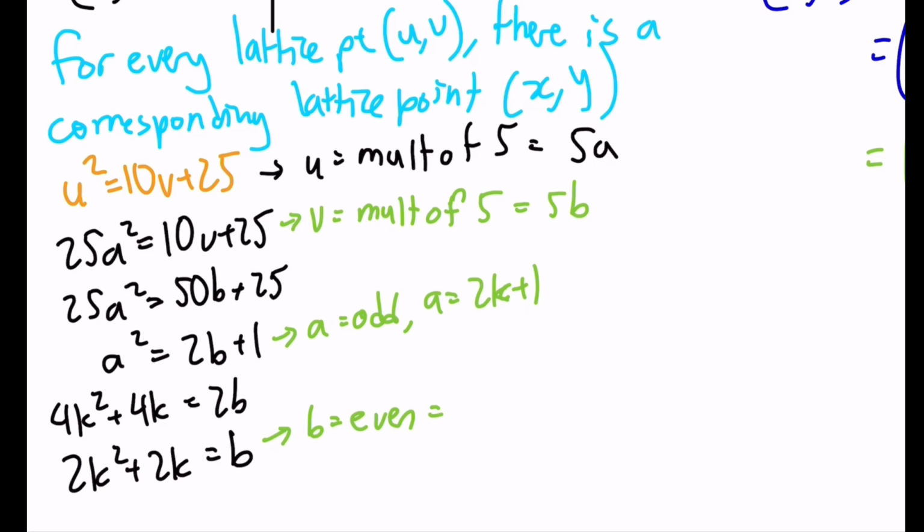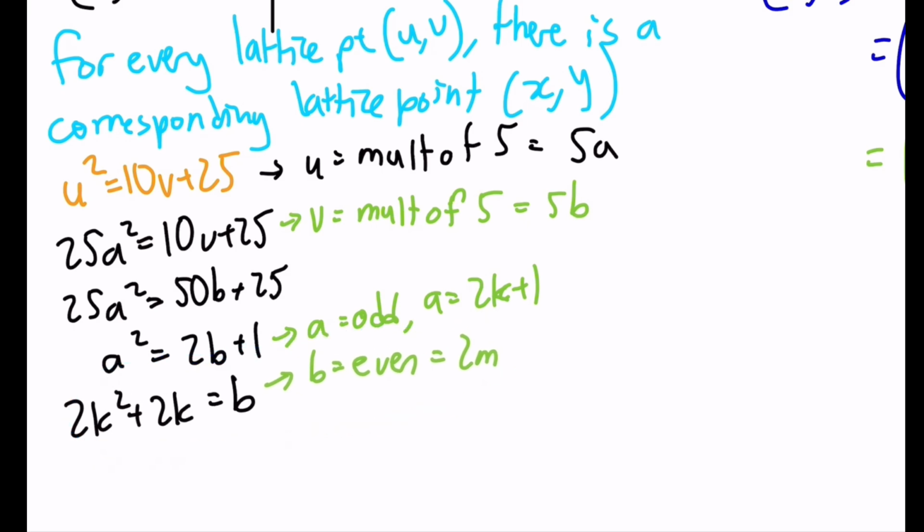And so let's call b 2m. If we call b 2m, then we can say 2k squared plus 2k equals 2m. If we divide by 2, that gives us k squared plus k equals m. So what this basically means is that if we have a set k value, we have a set m value.